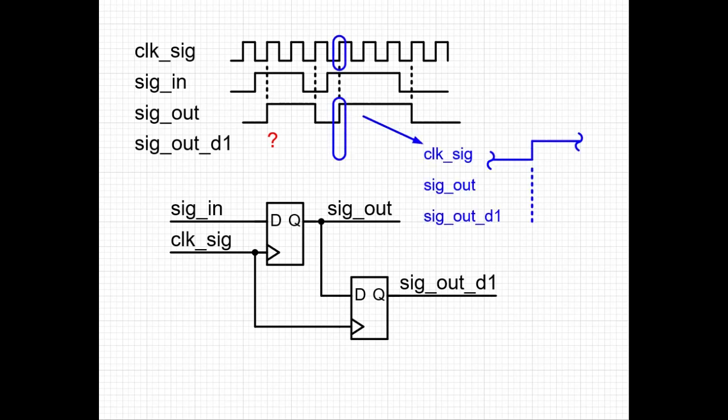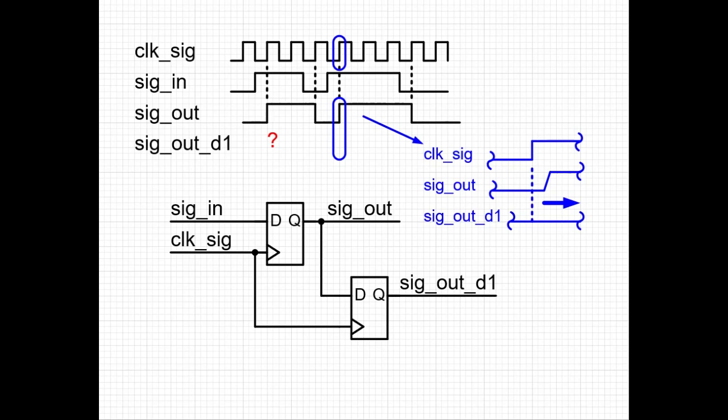Let's zoom in on one of sig-out's transitions at a clock edge. Viewing this through our time microscope, we find that the D flip-flop's output does not transition instantaneously. In the real world, it takes a little bit of time for it to react. We're talking nanoseconds here, billionths of a second, but that is enough that the second D-flop misses catching the transition.